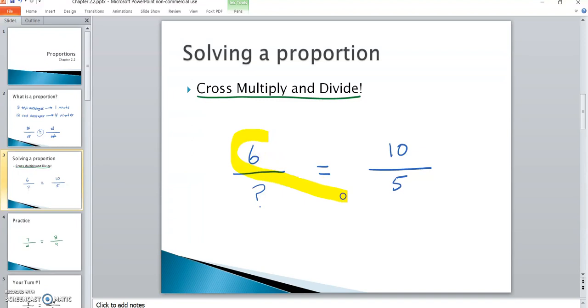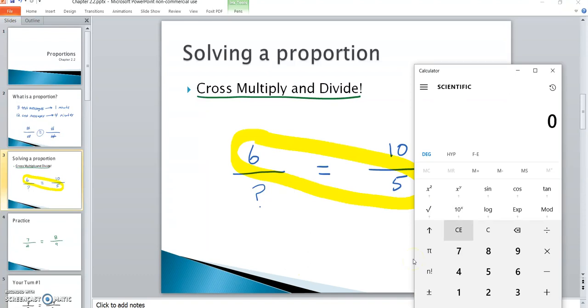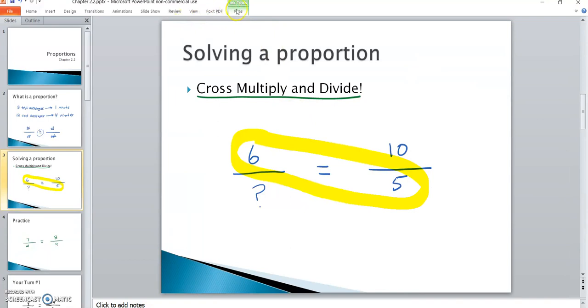So in this case, it's the 6 and the 5. So what I'm going to do is I'm going to multiply these 2 numbers. So 6 times 5 is 30. And if it helps you, you can just write a 30 at the side of your paper. Okay? Now that's what we do for cross multiplying. We're multiplying the numbers that are across from each other, or diagonal.